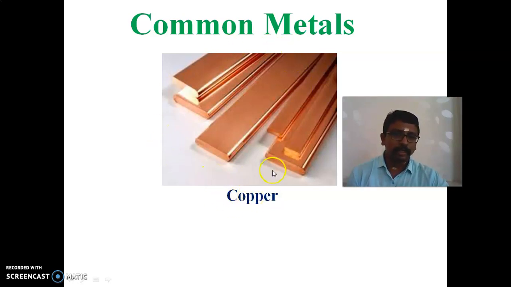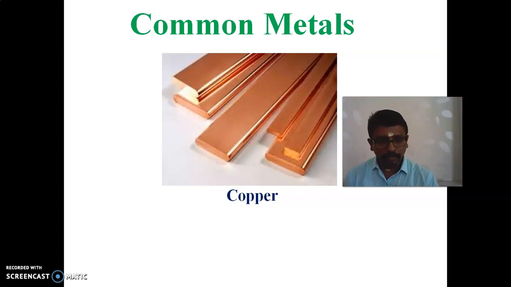Copper can be used for making alloys. For example, copper is used in silver coins and gold coins. With the gold, the copper is there. In silver, copper is there.